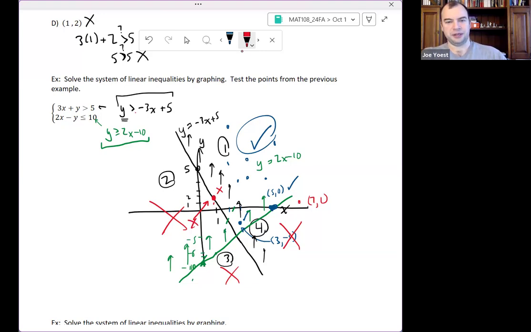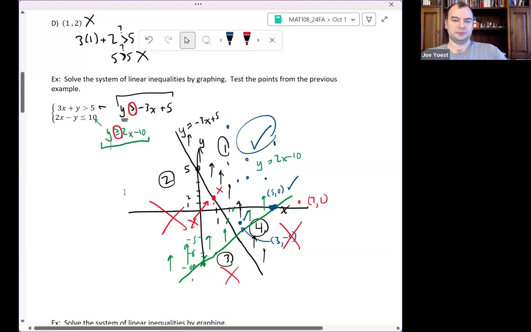Well, the black inequality relating to the black line is strict. If I fall directly on the black line, not a solution. But the green inequality relating to the green line is non-strict. If I fall right on the green line, I'm still allowed to be a solution, provided that I also satisfy the black inequality as well.